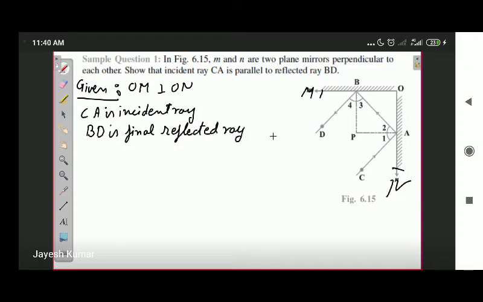So now, like we did in that question, what we have to construct is a normal at the point of reflection.